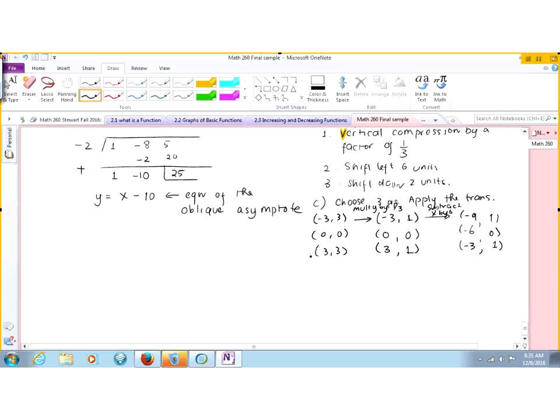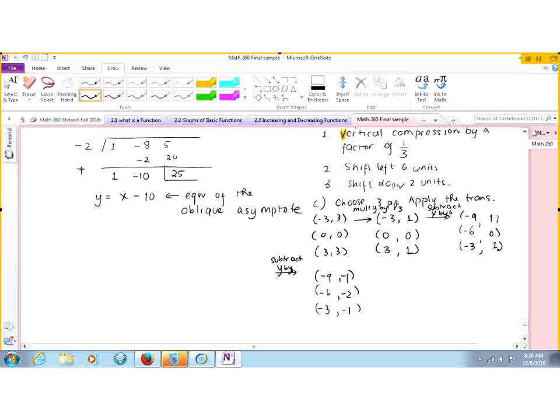Yes. Good. And last step, subtract y by 2. So x stays the same: -9, -6, -3. And the y we subtract by 2. 1 minus 2 is -1, -2, 1 minus 2 is -1 again.